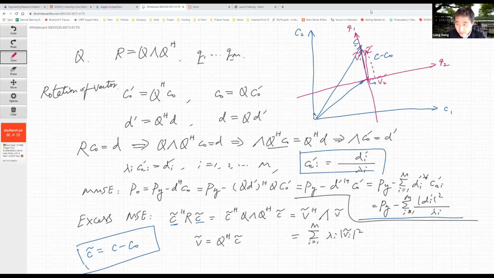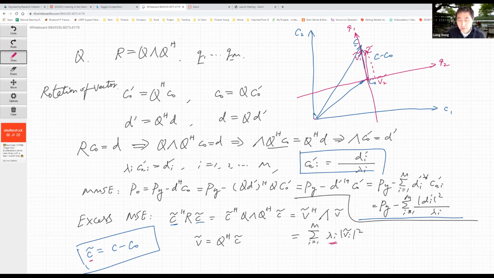Then the lengths of V1 tilde and V2 tilde are multiplied by the eigenvalues, which say how dominant this subspace is, eigenvalues lambda 1 and lambda 2. And then you add those two. These are the contributions, if you like, of this excess C, which is C tilde, and that will contribute to the error that you have.